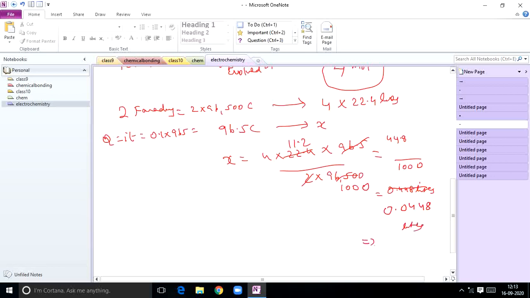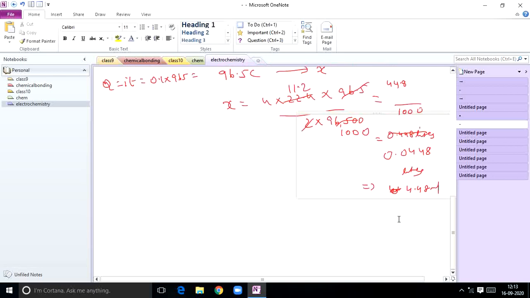In terms of ml, if you calculate, how much will you get? 4.48 ml. See carefully from here. Convert into ml: 44.8 ml. That's all.